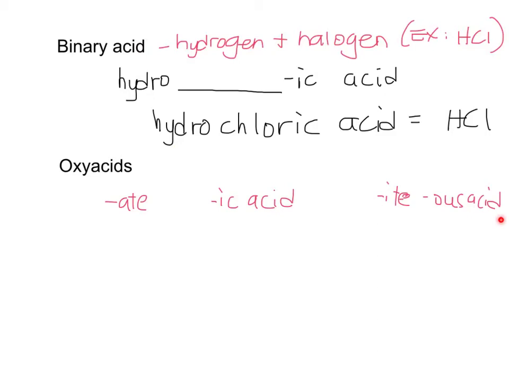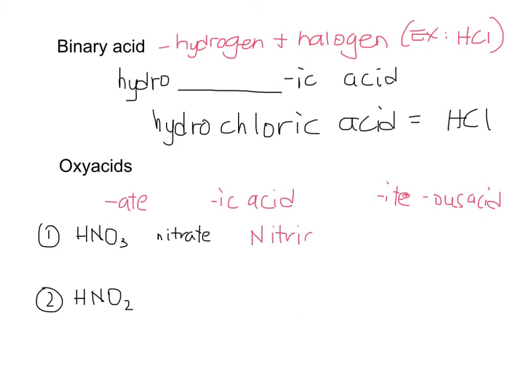So here are my examples. My first example is HNO3 and my second example is HNO2. We're going to just focus on the polyatomic ion. The first example has nitrate as the polyatomic ion. When I write the name for this, I'm going to focus on this part because it's ATE. So the name would be nitric acid. No hydro, because that's only for simple binary acids.